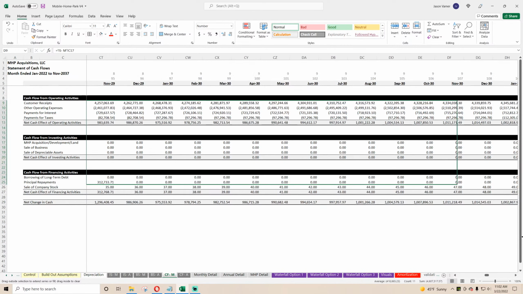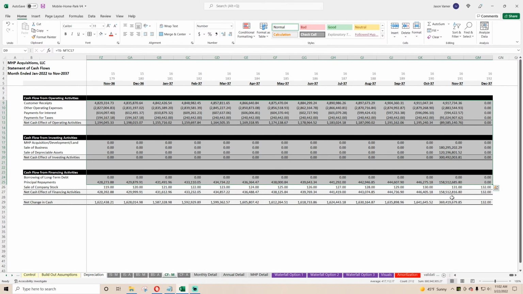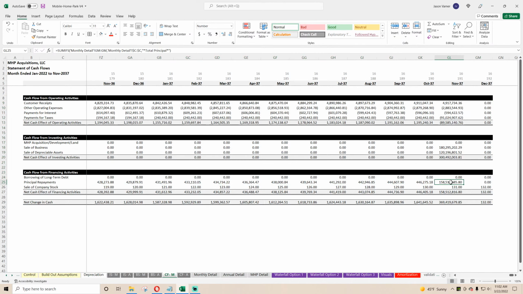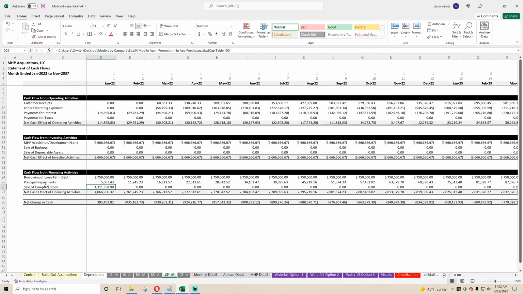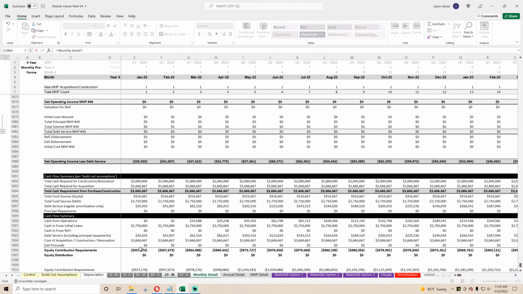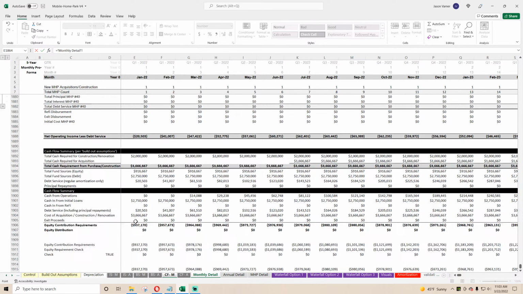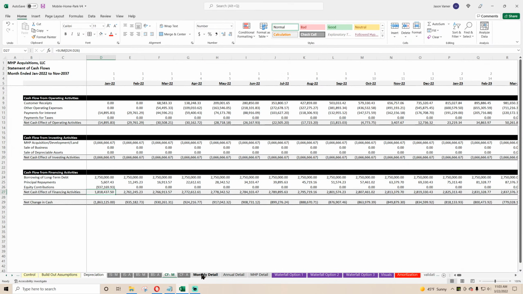Let's make sure we didn't miss anything. So all that principal is getting paid back. Now, sale of company stock. This is actually going to be called equity contributions, and that is simply going to equal this number. I believe, let me look back here.